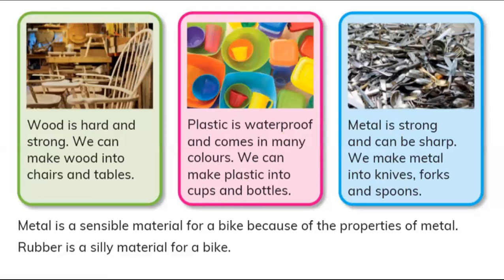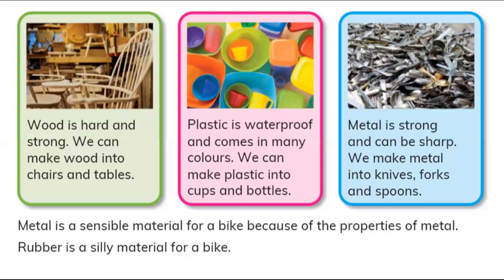As you know, we use metal to make cars, we make doors, we make chairs and tables and sharpeners, right? So metal is used in different things. So why do we use metal? Because metal is strong and can be sharp like a knife.